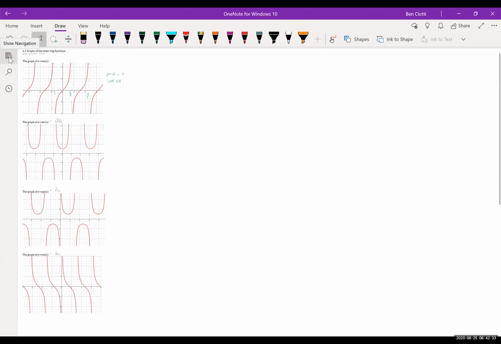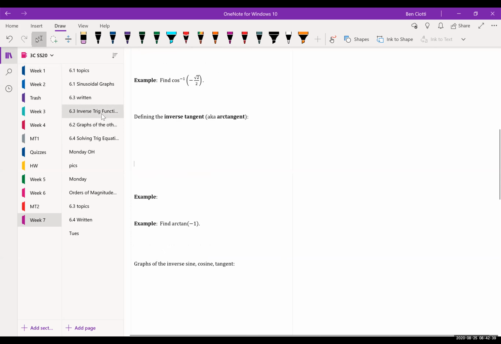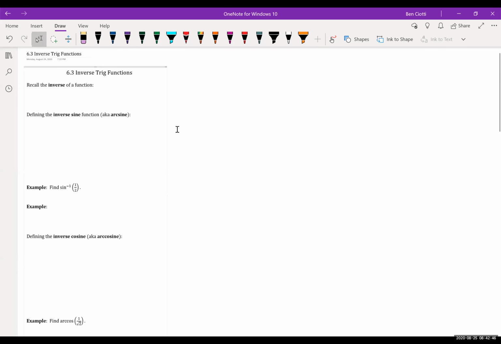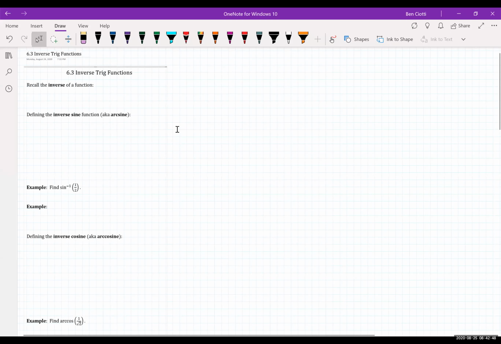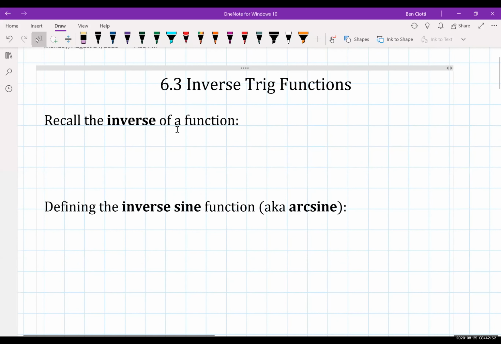Okay, then we will go on to the main topic of today's lecture, which is inverse trig functions. So you might have noticed that this is a theme in this class.